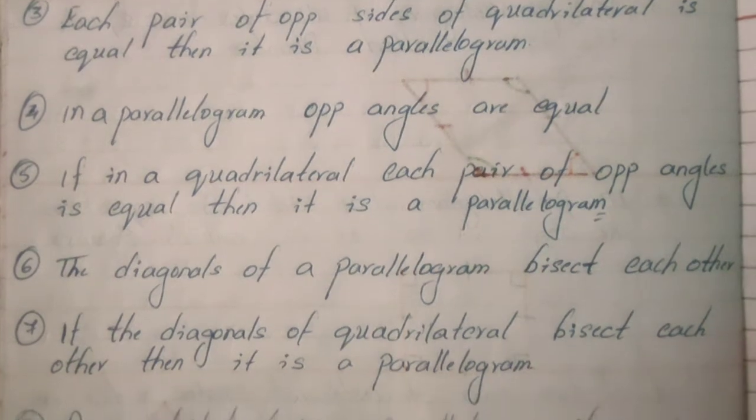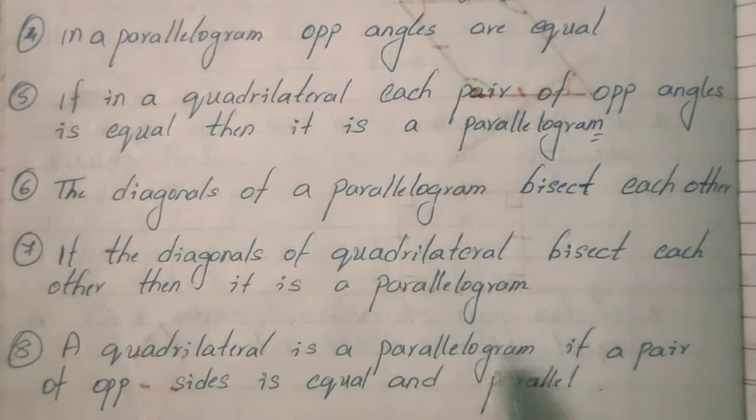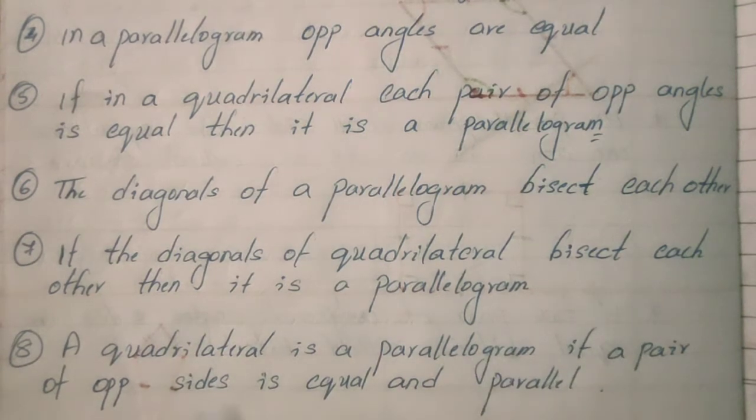Then last point. A quadrilateral is a parallelogram if a pair of opposite sides are equal and parallel. Okay, these are very important properties of a parallelogram. With the help of these properties, we can discuss the question.